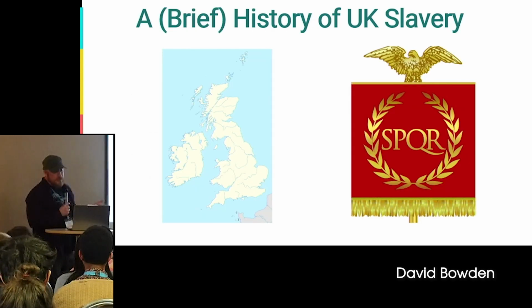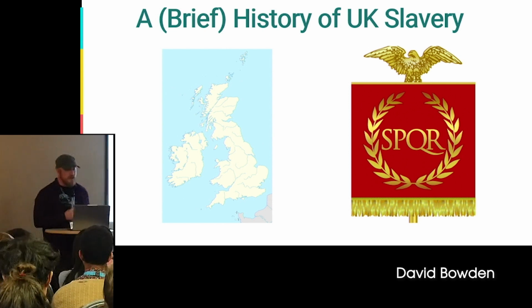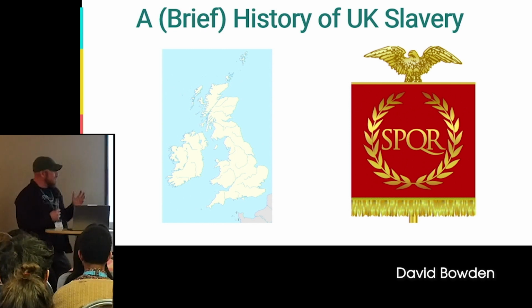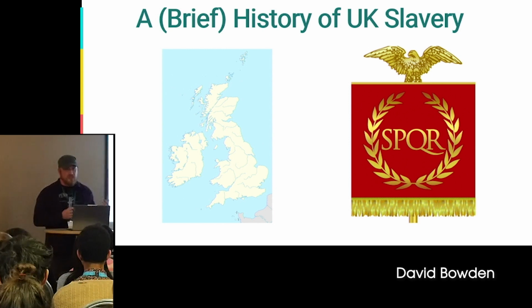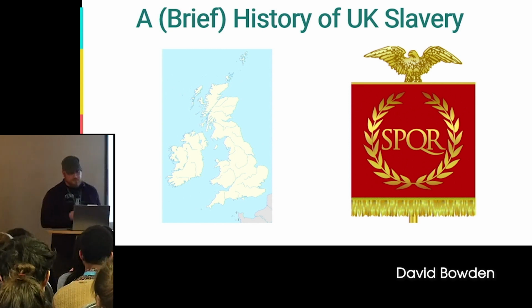Okay, so a brief history of UK slavery. Slavery existed pre-Roman times. It was a fact of life, and tribes and societies regularly enslaved one another. With the Roman conquest beginning in 43 AD, it became supercharged and institutionalized across the bits of the UK they controlled.